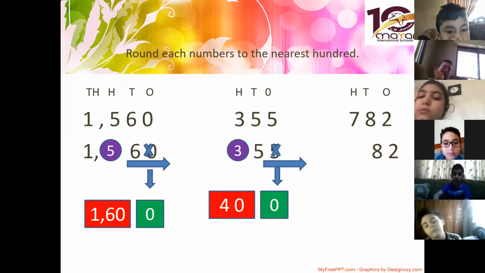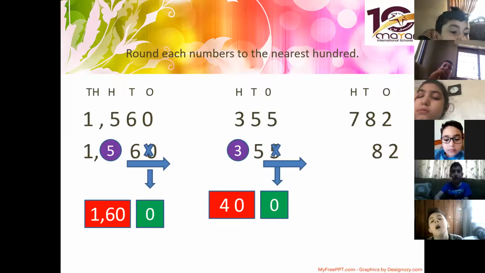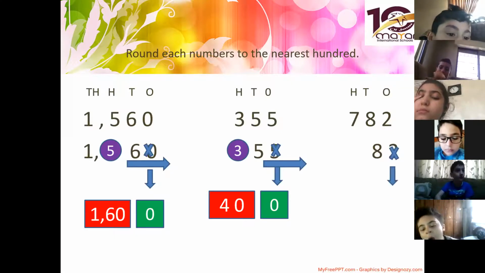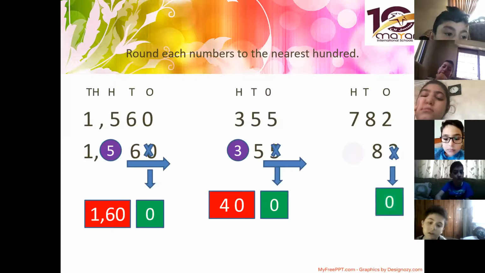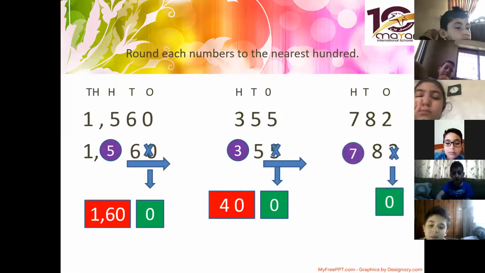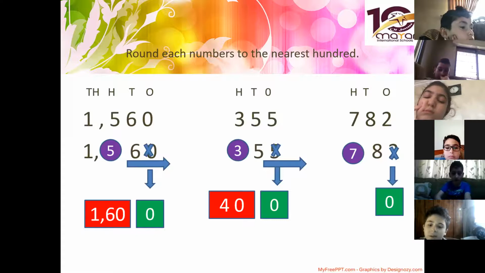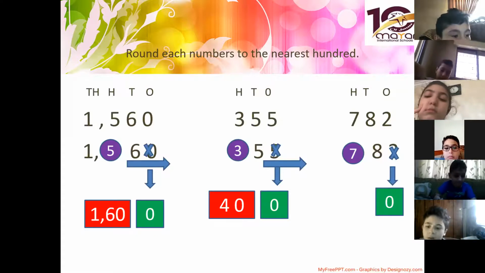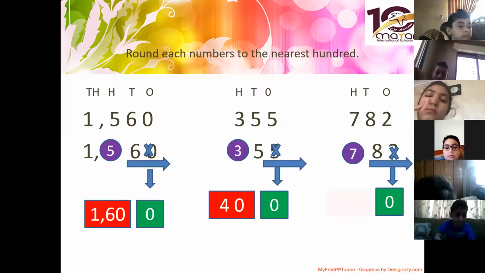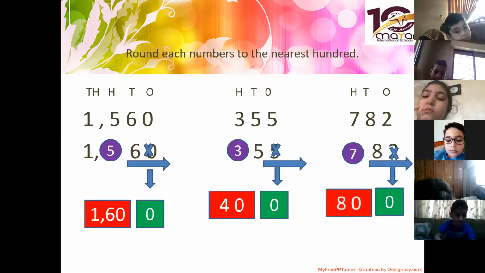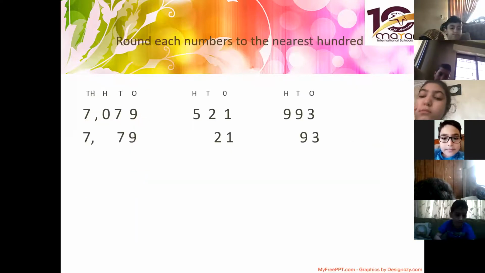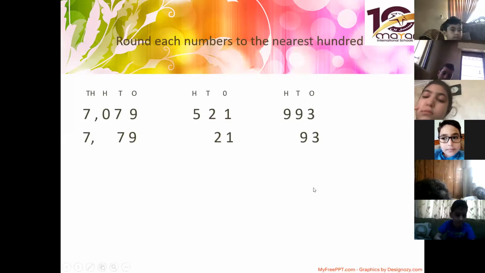It's more than 5, so it goes up. What comes after 700? 800. 800. Yes, thank you very much.